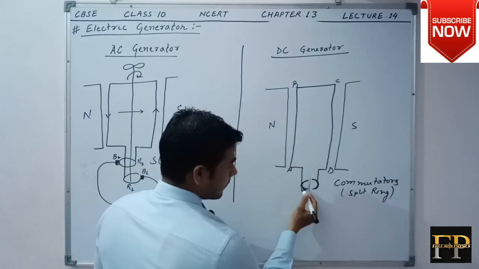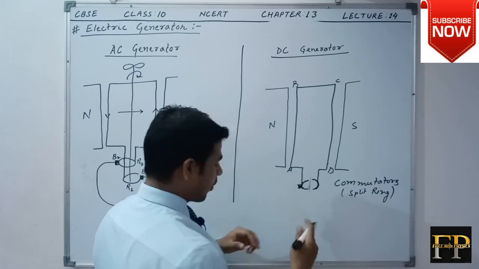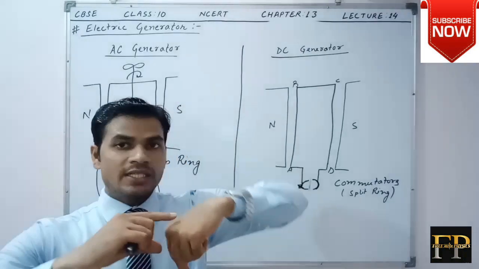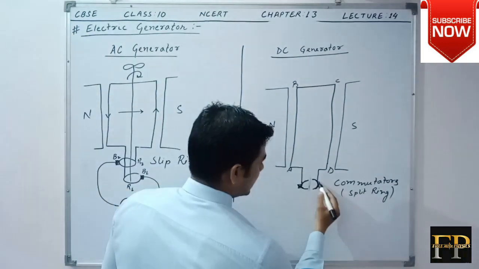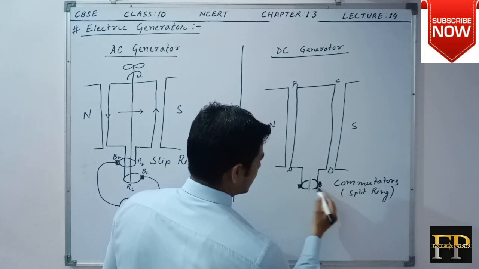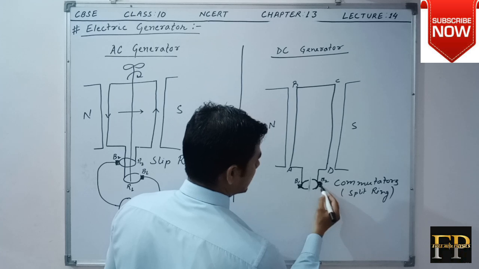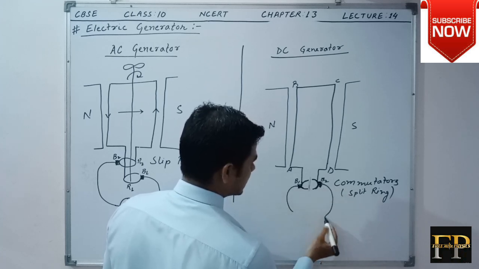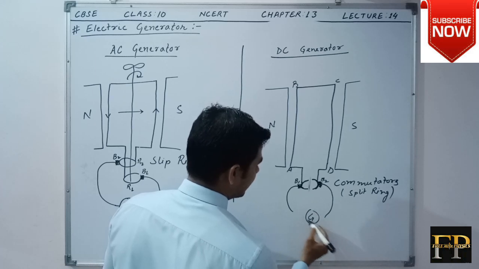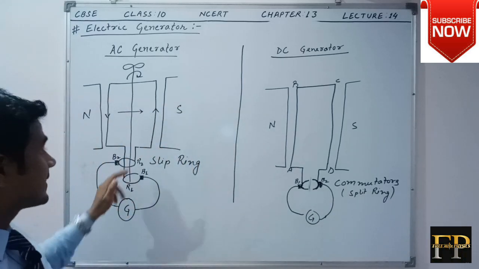Now, one of the split rings is connected to the carbon brush over it, and this provides a movable surface to the ring. Also, there is another carbon brush. Suppose this is B1 and this carbon brush is B2, and the ends of these carbon brushes are connected to a galvanometer.